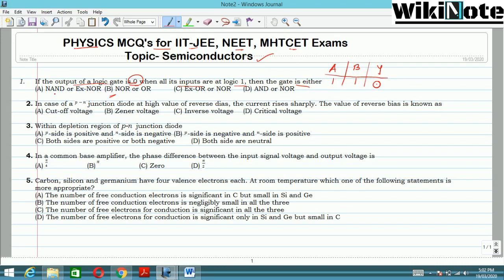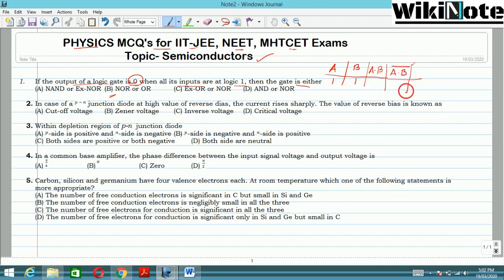For that you should know the options: NAND, XOR, NOR or OR, XOR, NOR. They are asking about two gates, so you should know the truth tables of these gates. A simple way of writing this is, suppose A, B, in shortcut: A dot B will be my AND, and its complement will be my NAND.